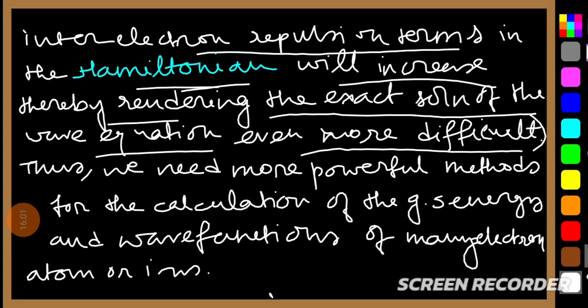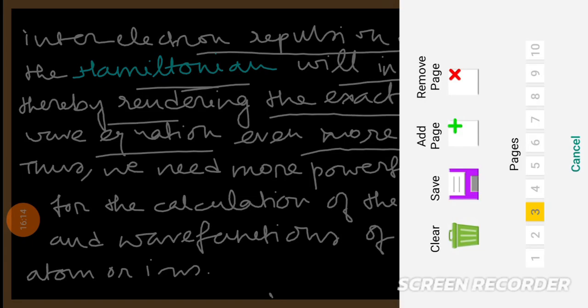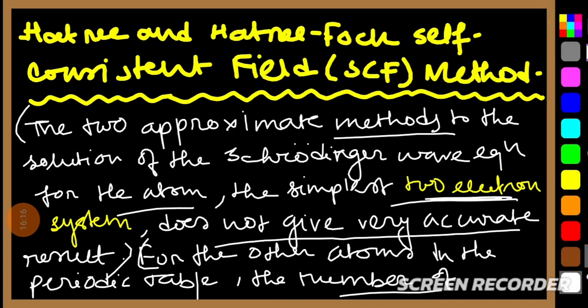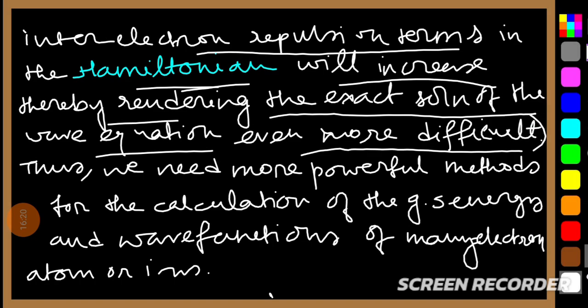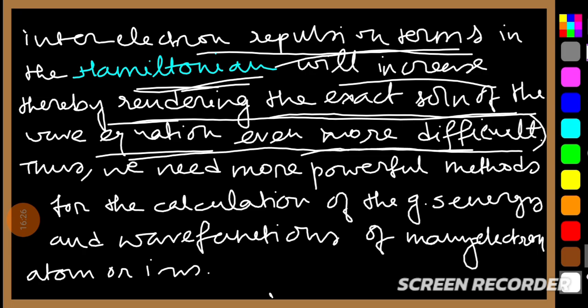When energy increases too much, stability decreases too much, and in that case you can never determine the wave equation exactly. So what is said is that for the other atoms in the periodic table, the number of repulsion terms in the Hamiltonian will increase, thereby rendering the exact solution of the equation even more difficult.